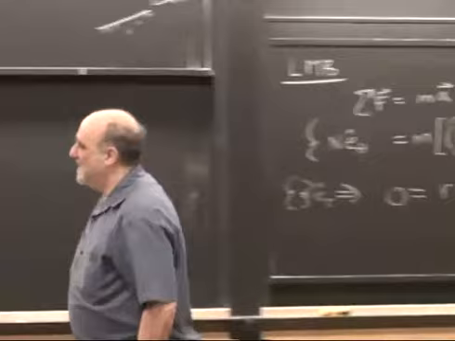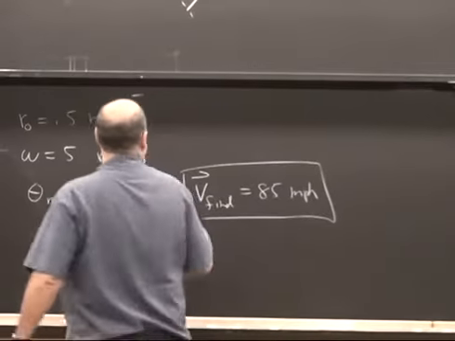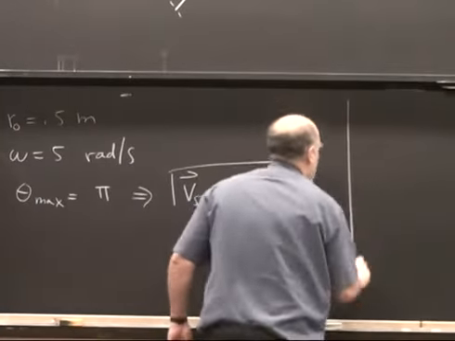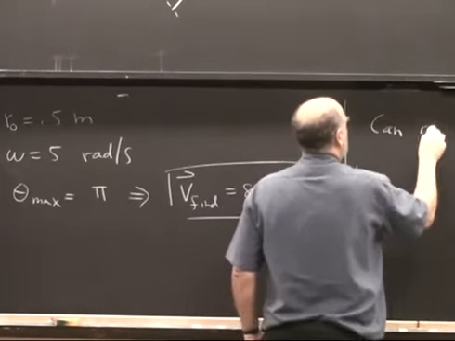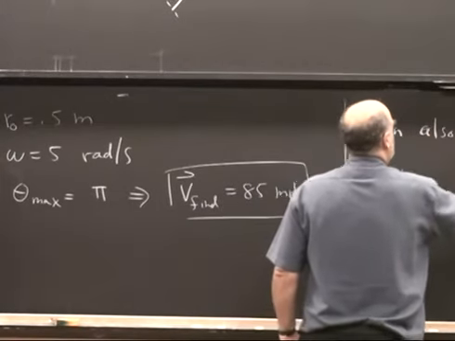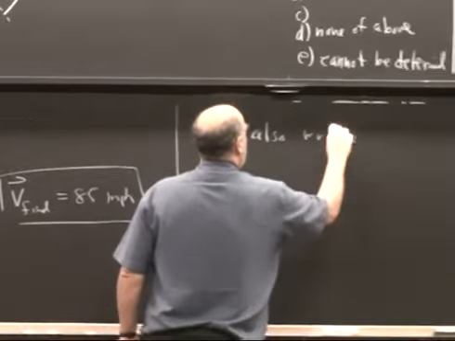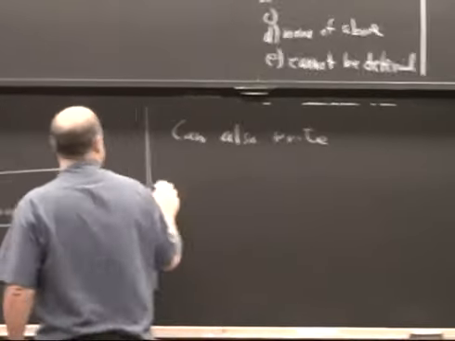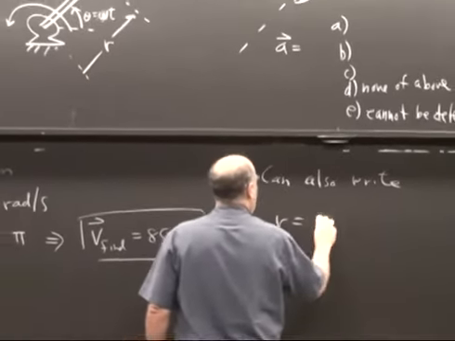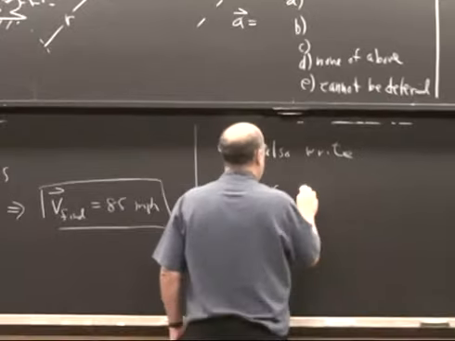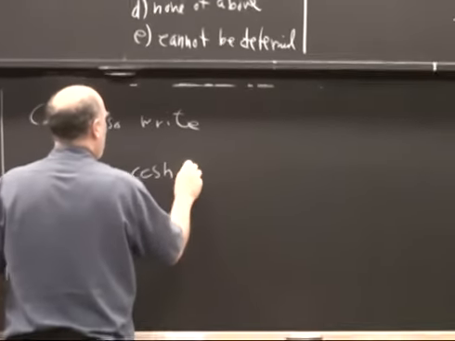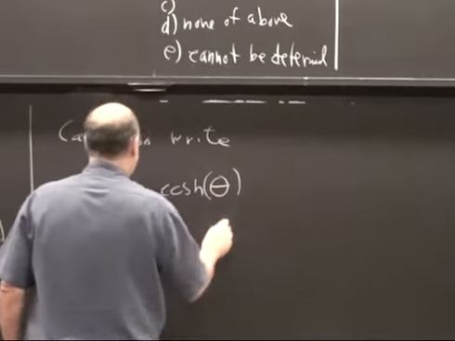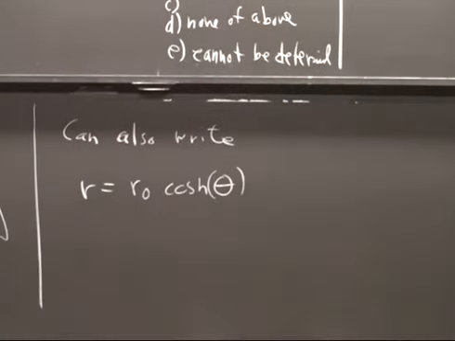Actually, there's some interesting things here. We can rewrite the solution: R is equal to R0 times hyperbolic cosine of theta, because omega t is theta.